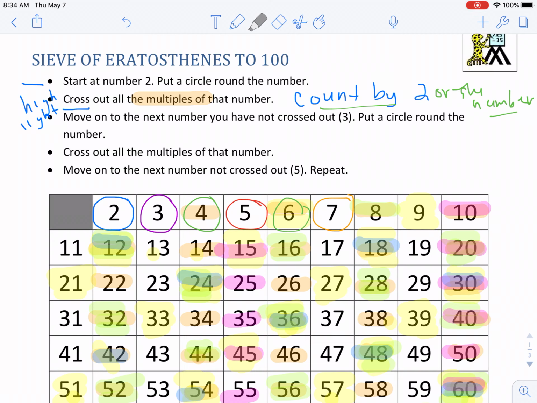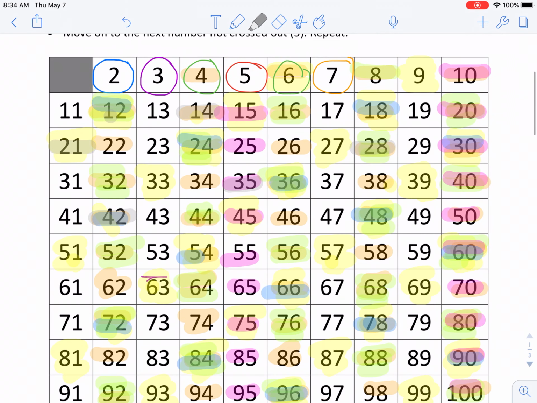So here we go. 7. This shouldn't take too long. 1, 2, 3, 4, 5, 6, 7, 14, and I made some dots I didn't want to make. 14, 21, 28, 35, 42, 49.